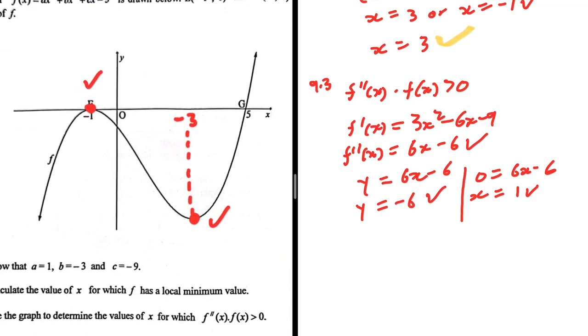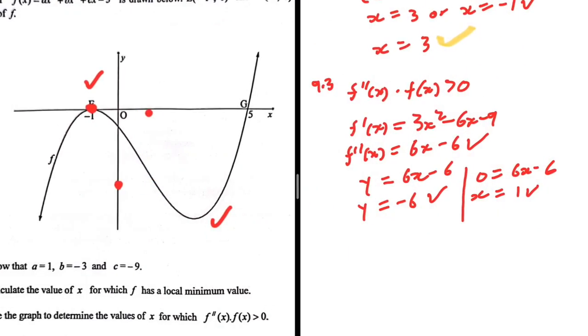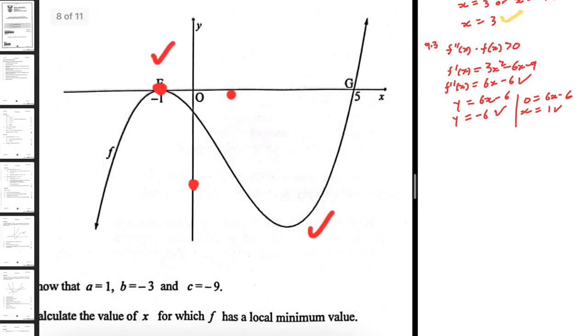So I'm going to come to a graph here and sketch the second derivative, 6x minus 6. I know that I have an intercept somewhere here at minus 6 and somewhere here at 1. So I can go ahead and sketch my graph. Let me do that. Okay, right.